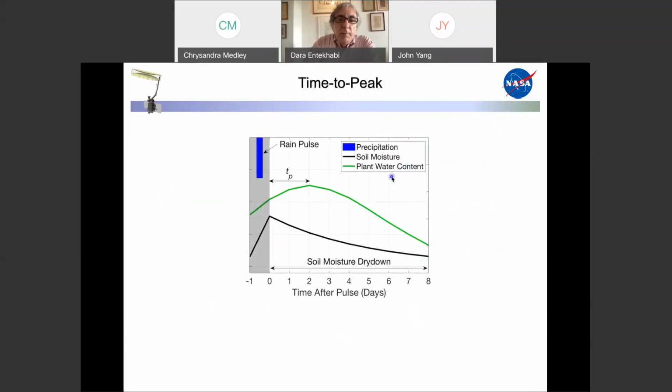And finally, if we bring the time element back, there's a lag. This is a wetting event. The soil moisture goes down right after the pulse of rain, but the vegetation actually peaks sometime later. The question is: is this rehydration or is it growth? Different vegetation types will have different behavior.